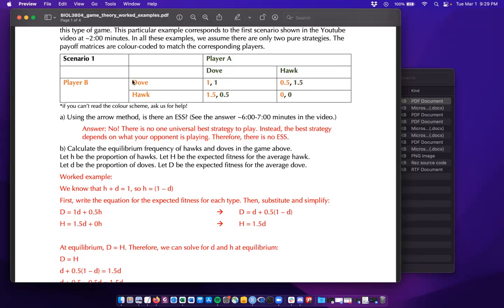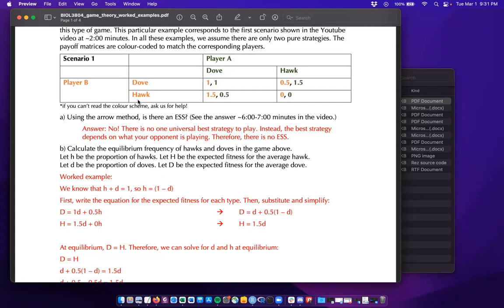So the average payoff for playing Dove, big D, is this orange 1 multiplied by how probable it is that you would encounter another D. That's little d, the proportion in the population playing Dove. So 1 times little d plus 0.5 times little h.